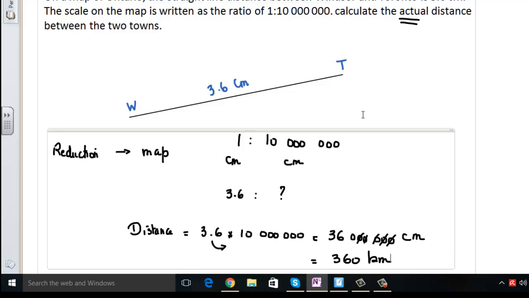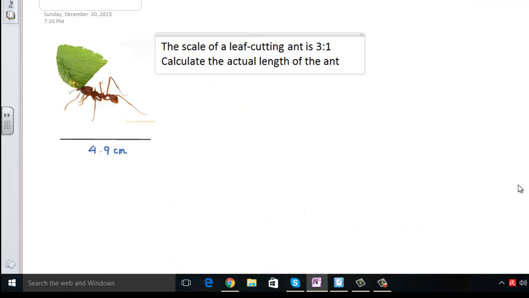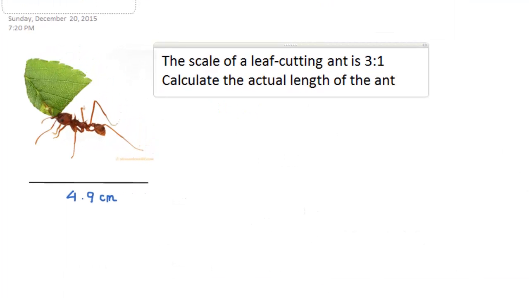Let's go to another example. The scale of a leaf cutting ant is 3:1. Calculate the actual length of the ant. Again, the first thing I need to understand and ask myself is: this scale in front of me, is it enlargement or reduction? Here the scale is 3:1.